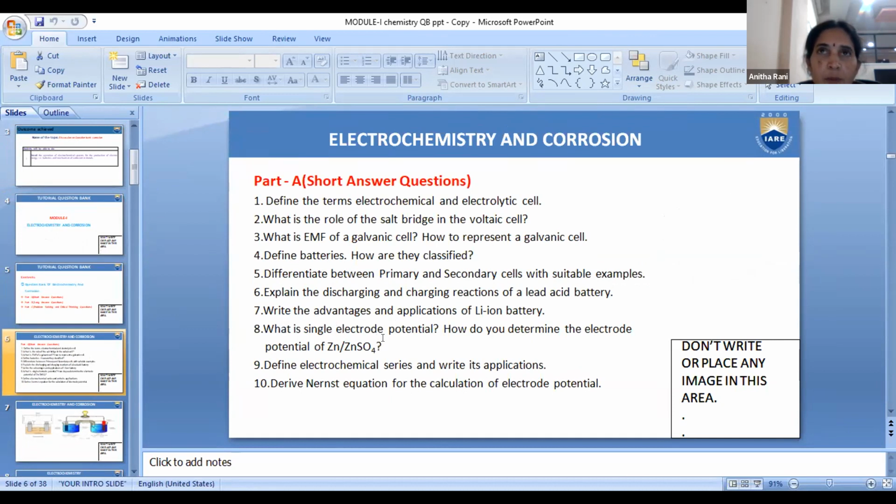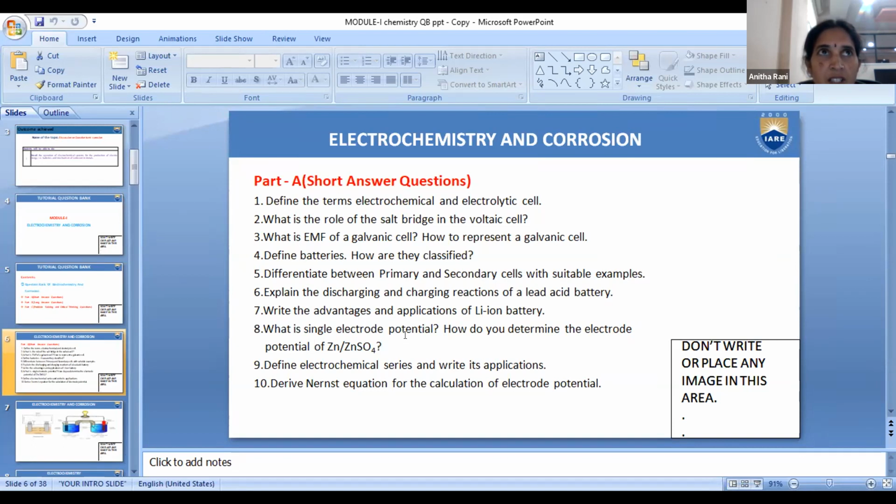I am not asking standard electrode potential. When you are dipping an electrode in electrolyte, what happens? It depends on the nature of the electrode only.